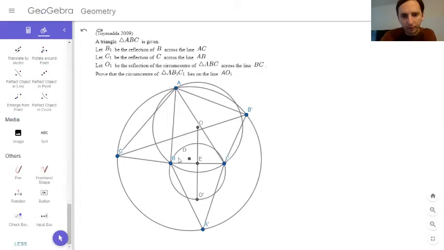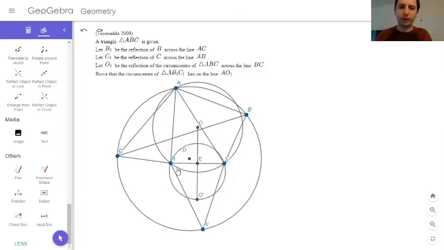Let's see. This angle right here is 180 minus A, and this angle is B. So if you have 180 minus A and then you have B, then this is going to be 180 plus A minus B. So this angle is 2B. You could also think about it as 2B plus C if you wanted.